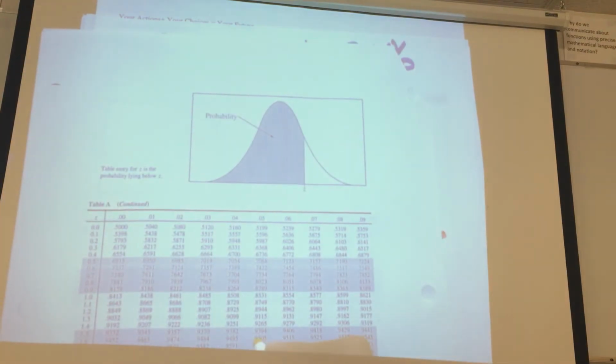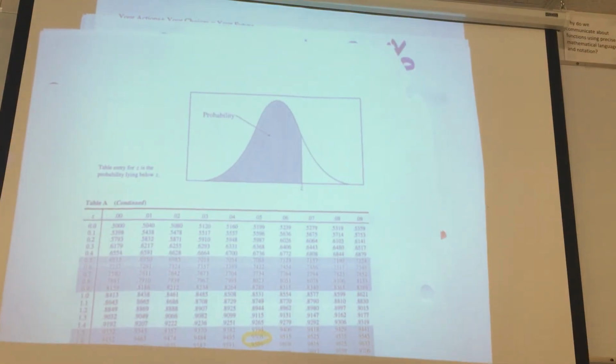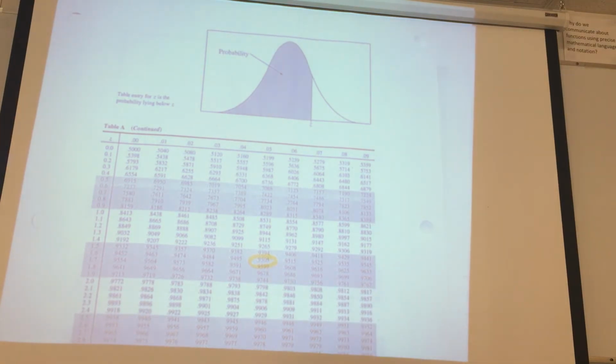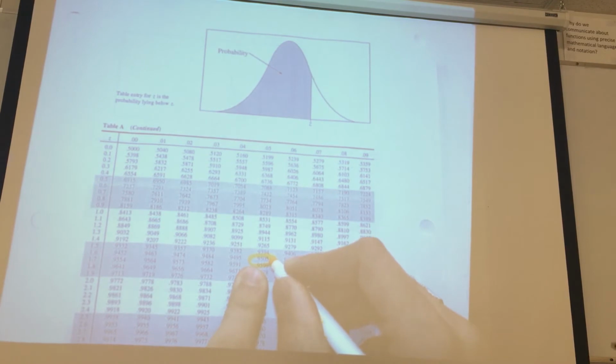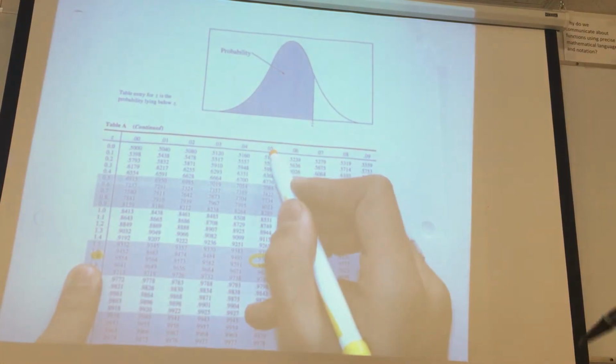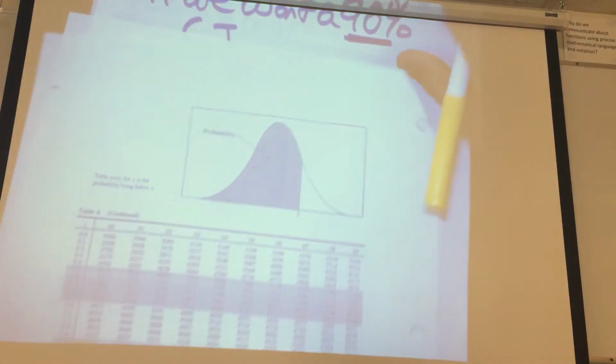Right about here. Where I circled it here, 0.9505. That's the number that is closest to 0.95. I would recommend going above rather than below. So 0.95, what is the Z value? 1.6 plus 0.05, so it's 1.65.